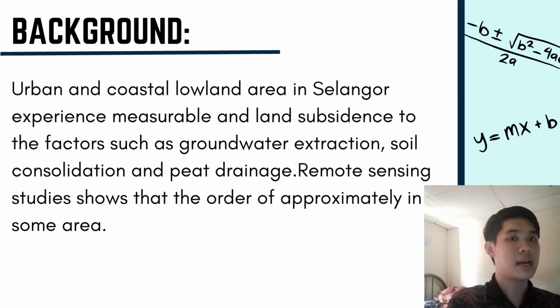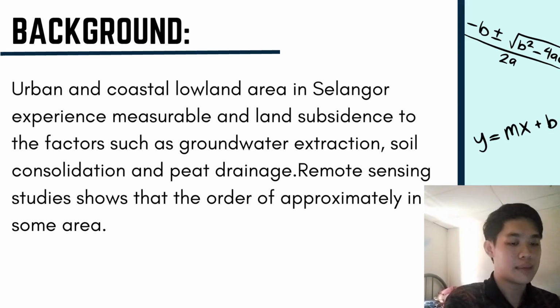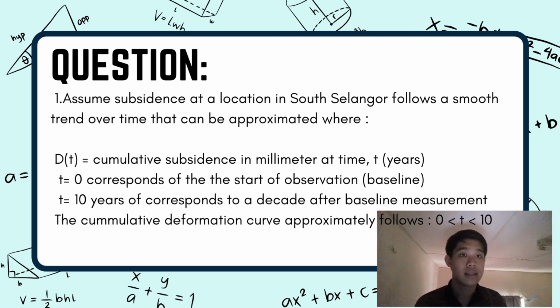Remote sensing studies showed subsidence of the order of approximately 8 millimeters per year in some areas in Selangor, showing a decreasing rate over time from 10 millimeters per year to 6 millimeters per year. This shows that the subsidence may decelerate with time if external forcing is reduced.